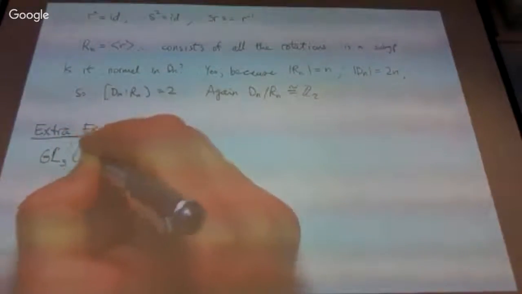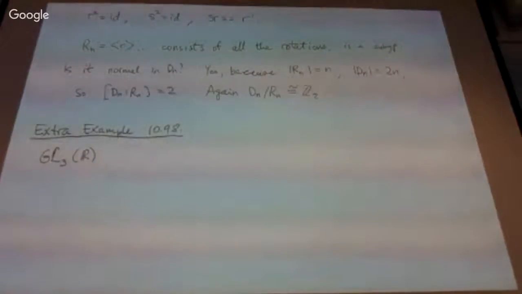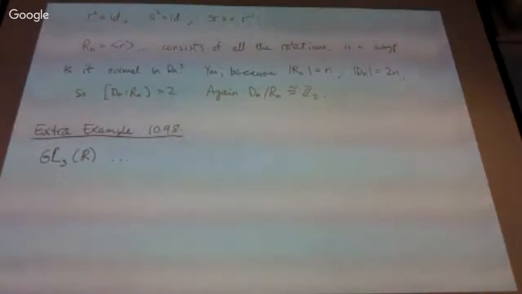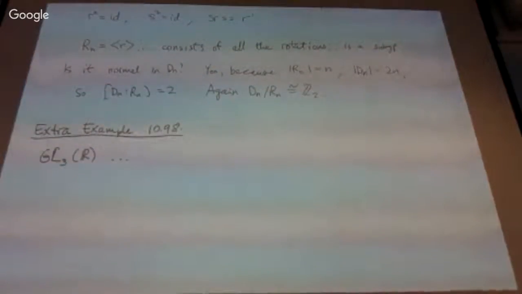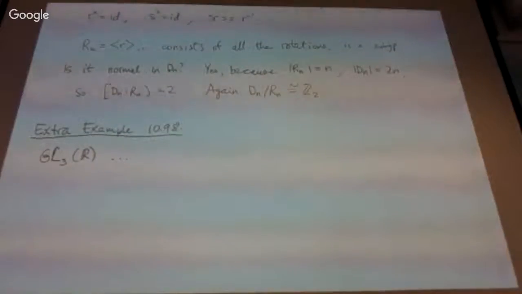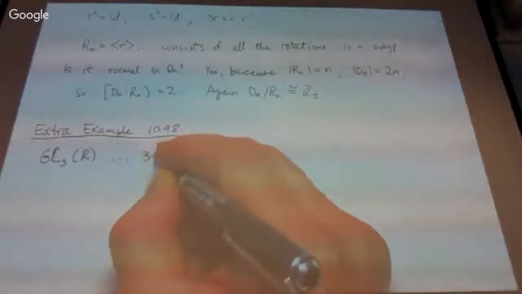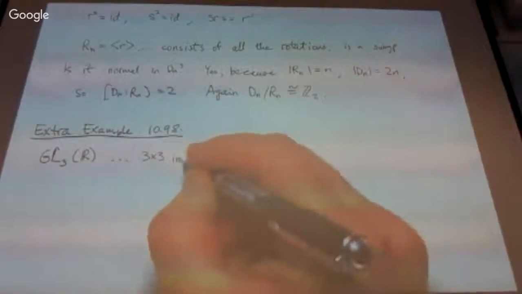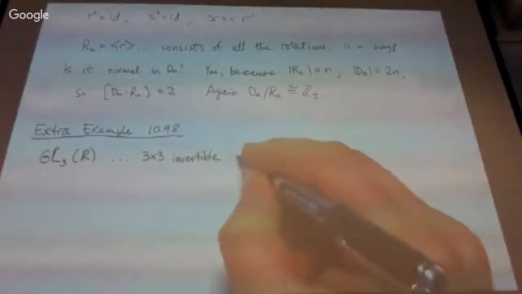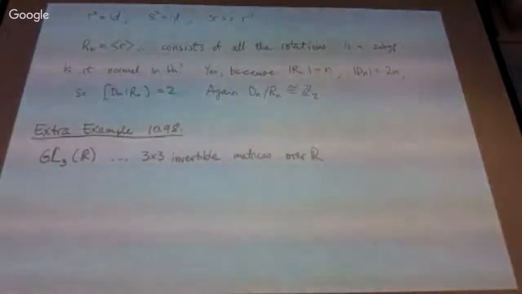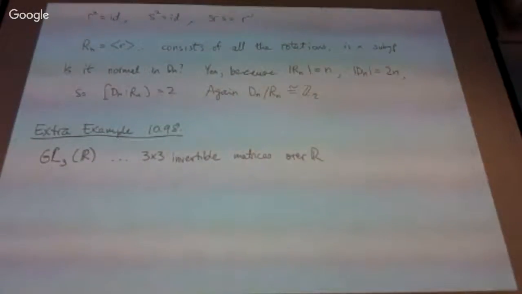So what is GL3R? It's the general linear group, which is all the 3x3 invertible matrices, so non-zero determinant in particular.